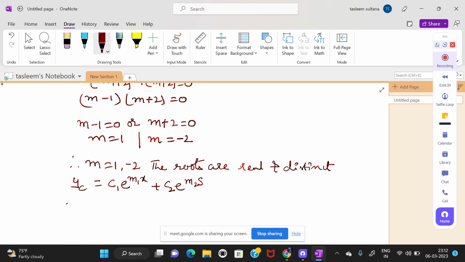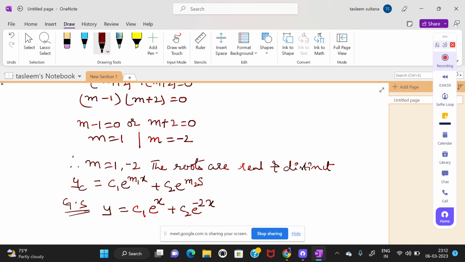This will be your general solution for the complementary function. Your y is equals to c1 e to the power of x plus c2 e to the power of minus 2x.